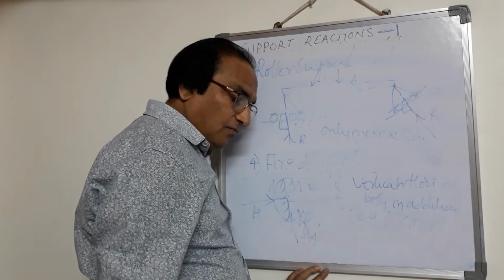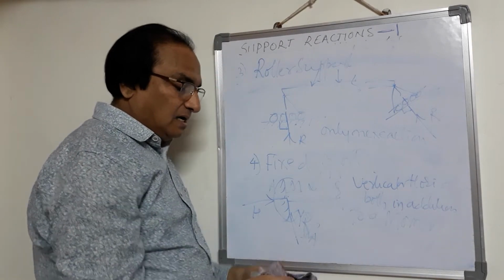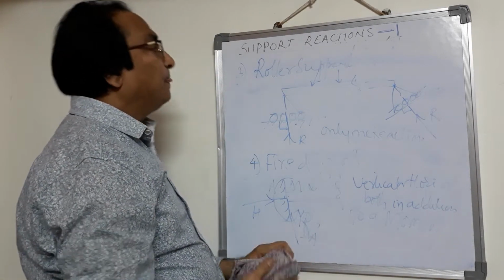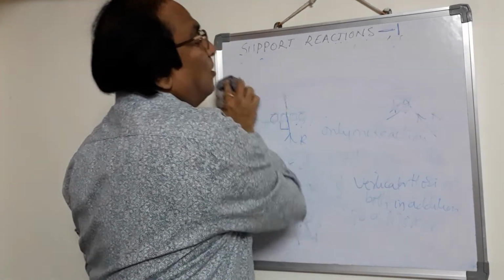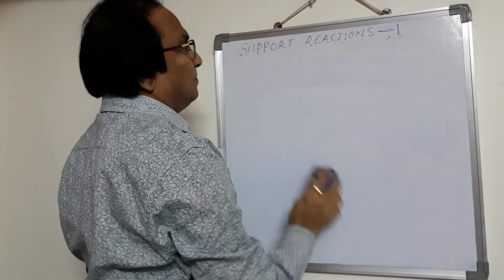Now here we are required to find out the support reactions for the beam carrying different types of load as problems. So we'll see some simple examples to find out the support reactions.